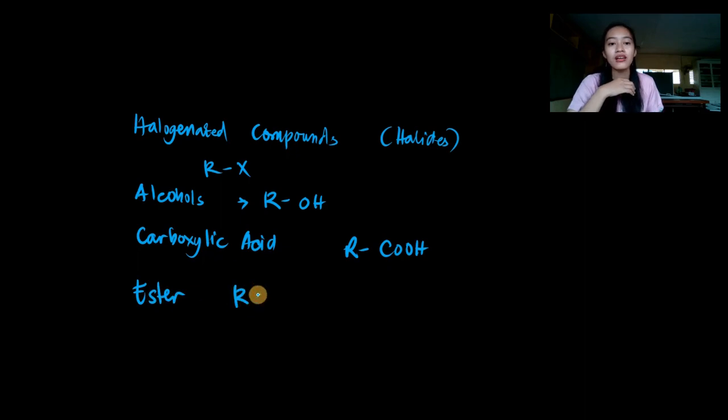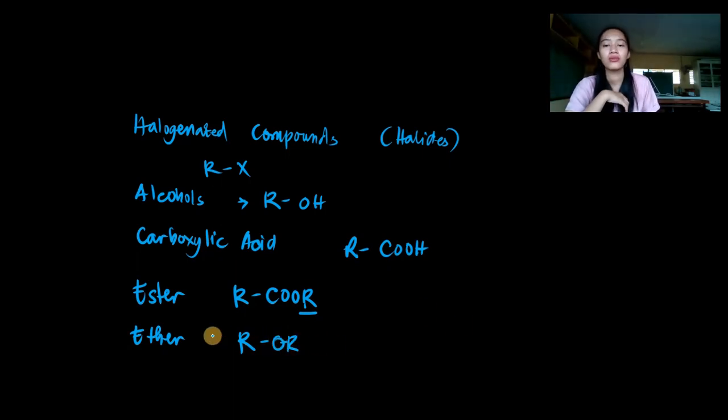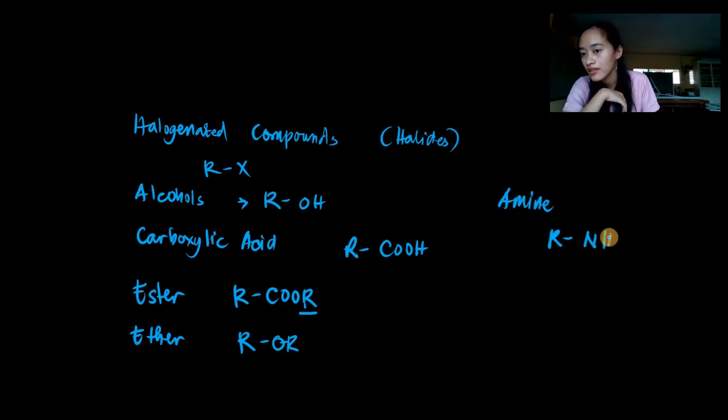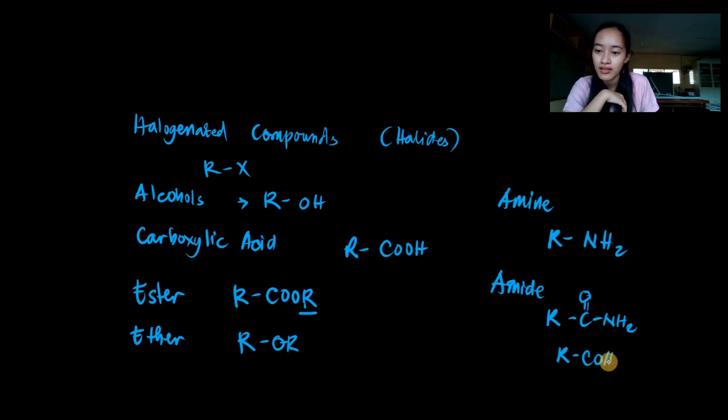Next, we have ester. Ester is different from the carboxylic acid because of another R. Next, ether. Ether is very simple, R, O, R. And what else? Amine. Amine is simple, R and NH2. Amide, R, C, O, and NH2, or R, CO, and NH2.